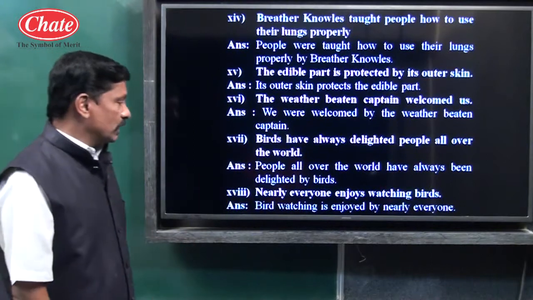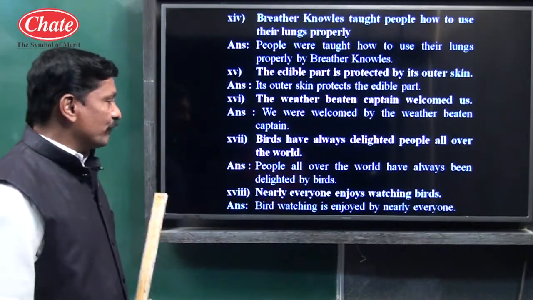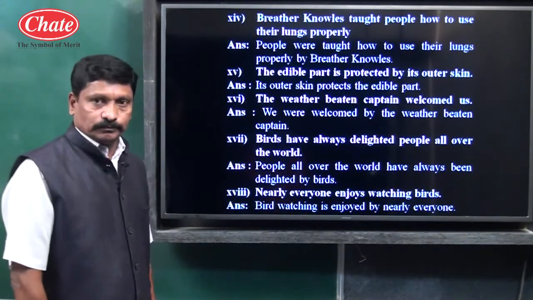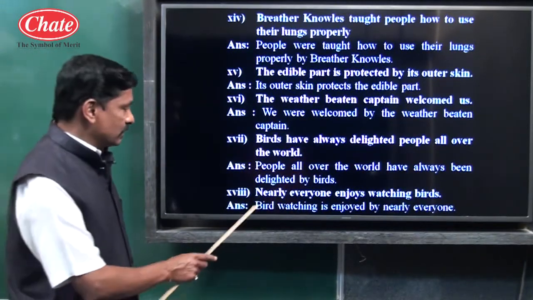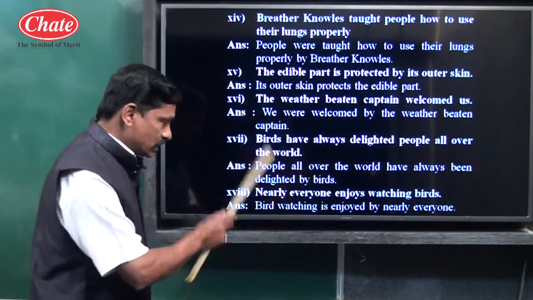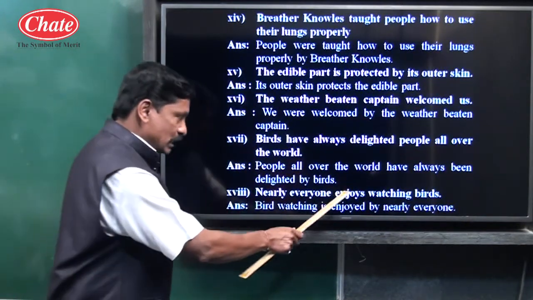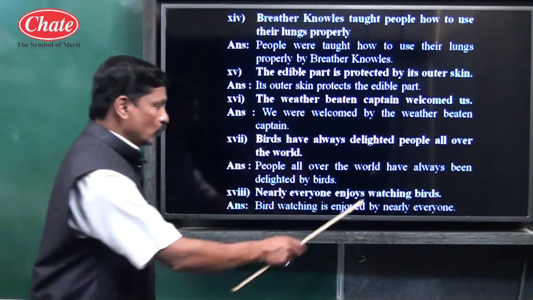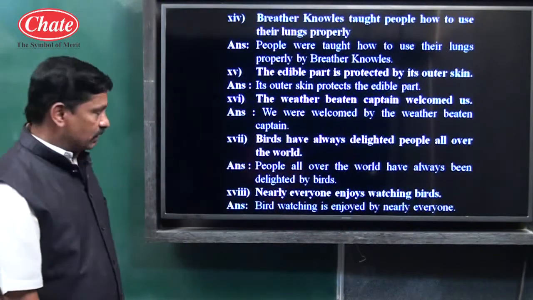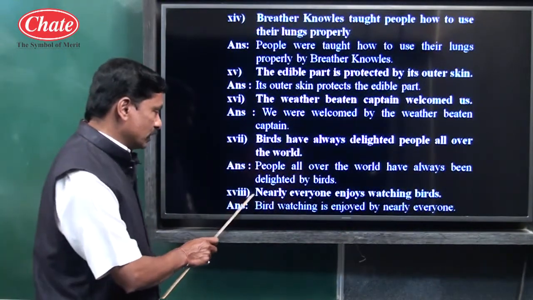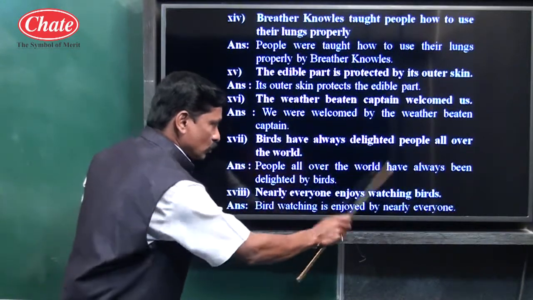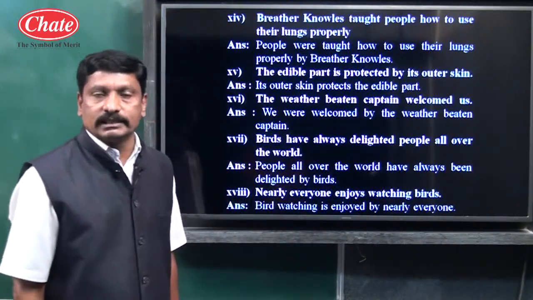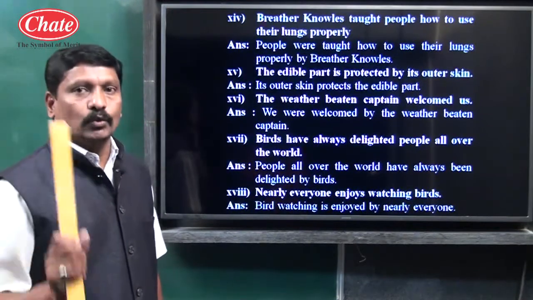Let us see the next example. Nearly everyone enjoys watching birds. Let us analyze the sentence. Nearly everyone, subject; enjoys, verb; watching birds, object. So the structure of this example is subject plus verb plus object, so the given sentence is in active voice.